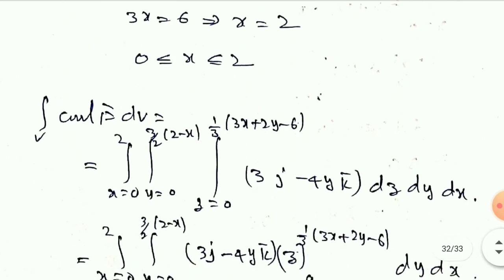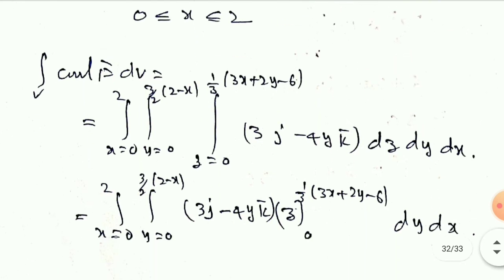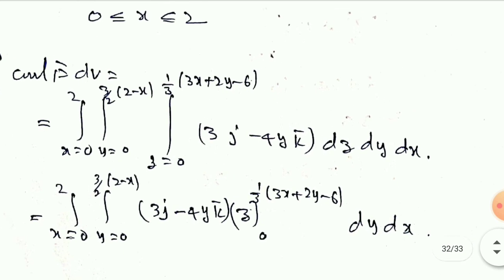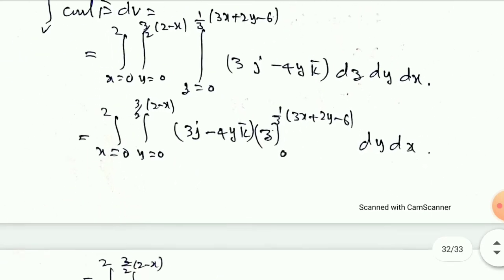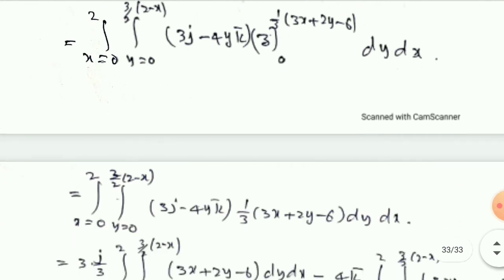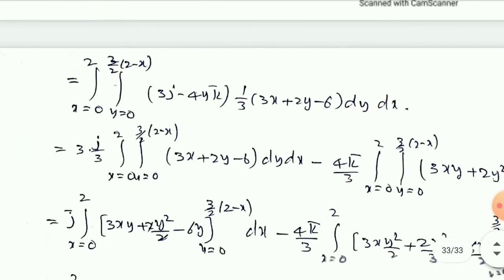As per your given integral, integral over v of curl of f bar dv equals triple integral, substitute the curl of f bar value, dv stands for dx dy dz. First you focus on z integration, then substitute the limits.